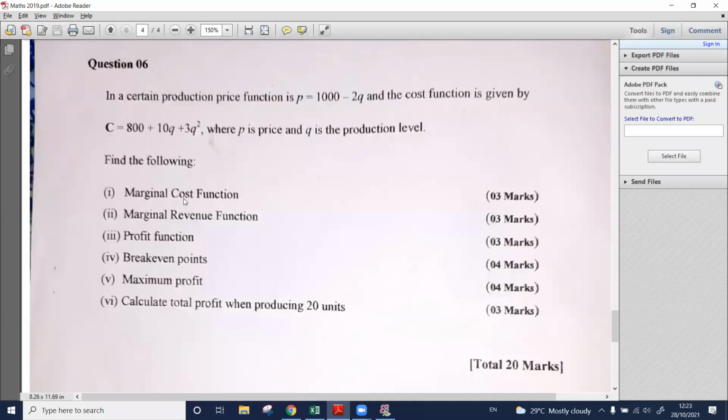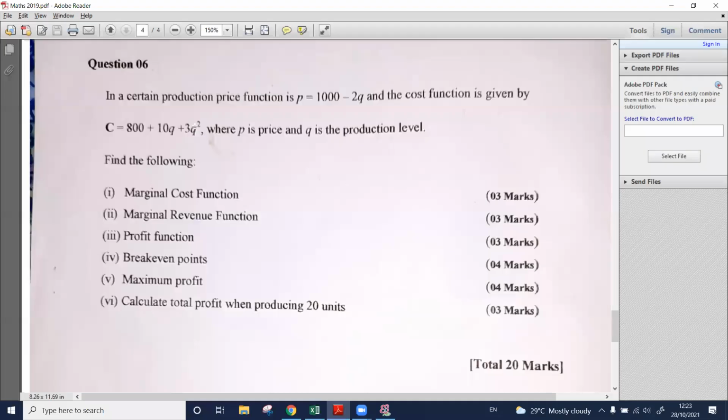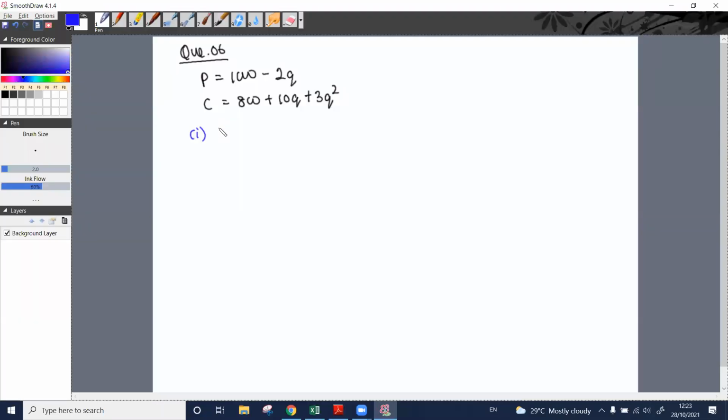Okay, we need to find these. Part 1: we need to find the marginal cost function. How can we get that?